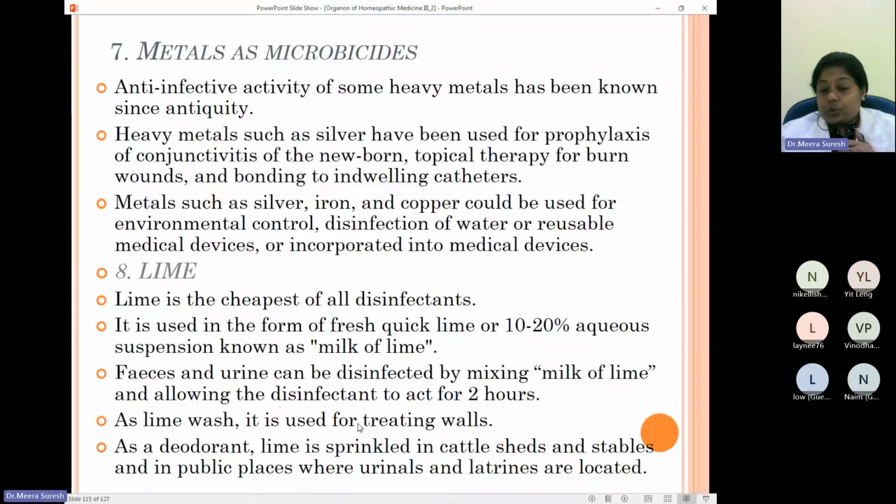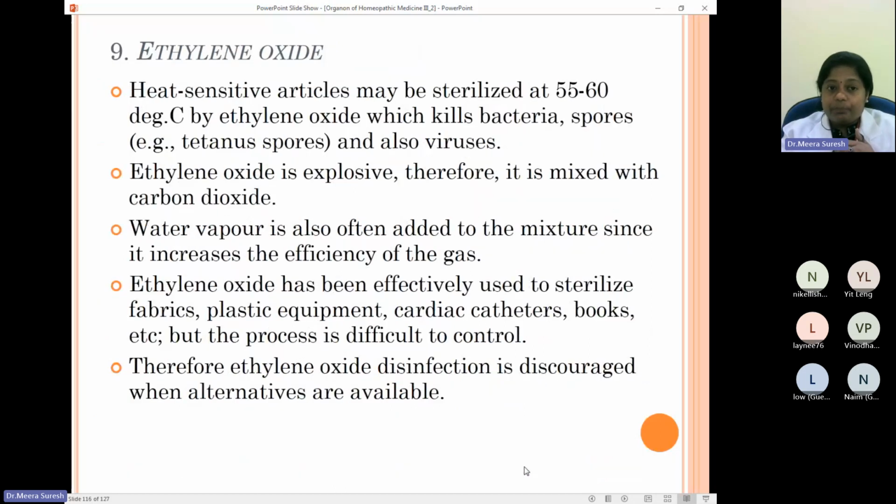As lime wash, it is used for treating even the walls, especially in India, earlier, not nowadays. Nowadays the paints are there, but earlier they used to have this lime wash. As a deodorant, lime is still sprinkled in cattle sheds and stables and in public places where urinals and latrines are located. Very easily available and very cheap, and that is why it is being used so.